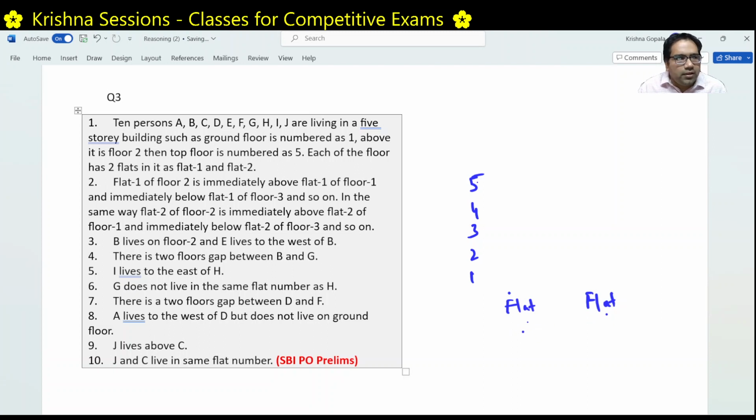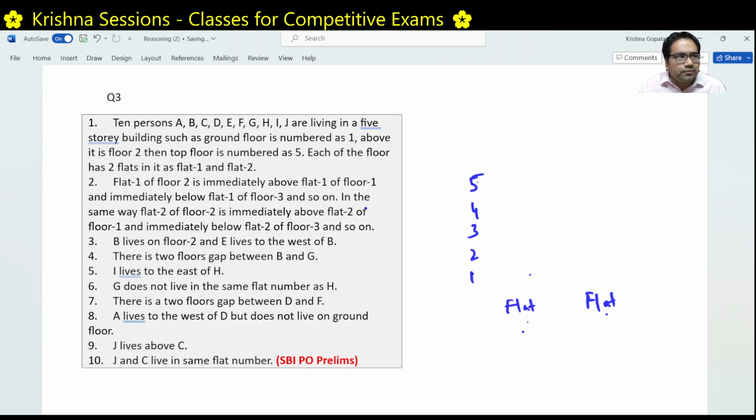We don't know. But he's saying if this is flat one, then flat 1 of floor 2 will be above flat 1 of floor 1, and flat 1 of floor 3 will be above flat 1 of floor 2.